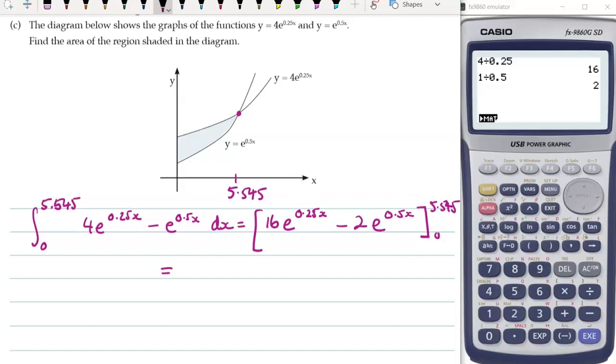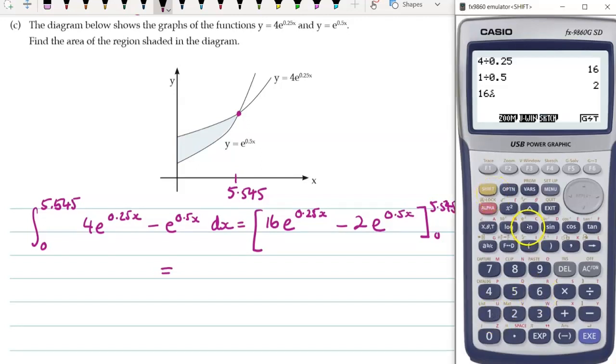Okay, so 16 e to the 0.25, let me just pop in some brackets, times by 5.545 minus 2 e to the 0.5 times 5.545.